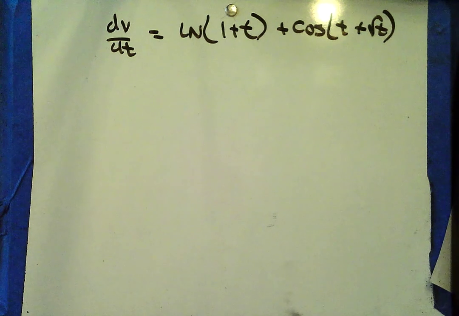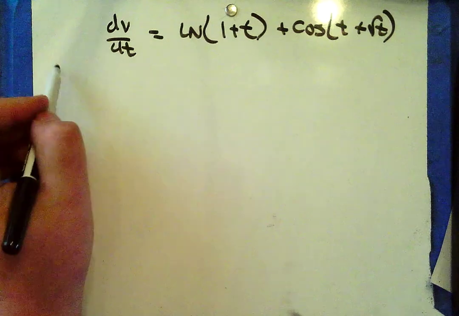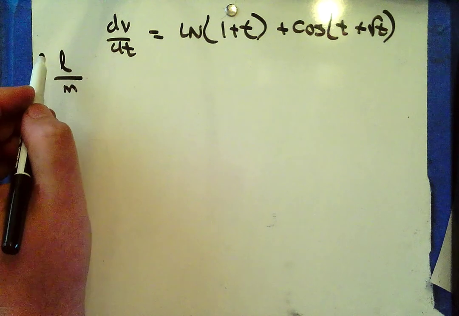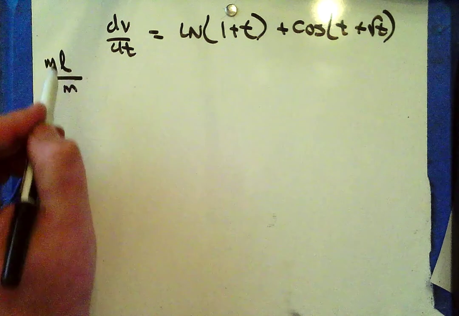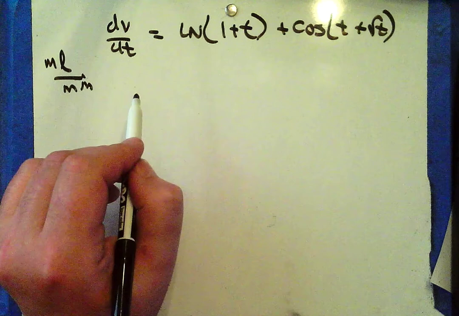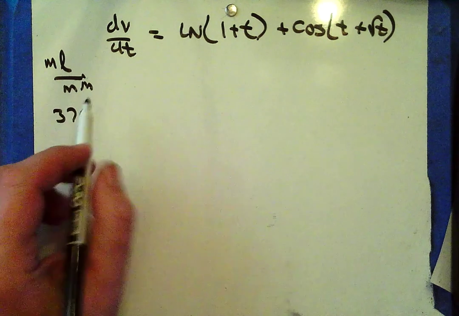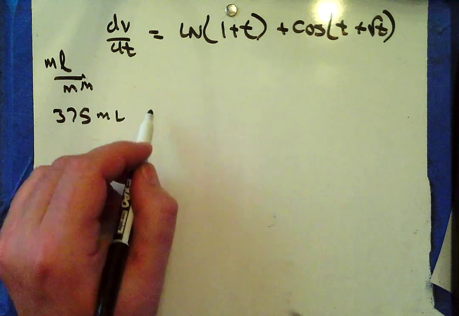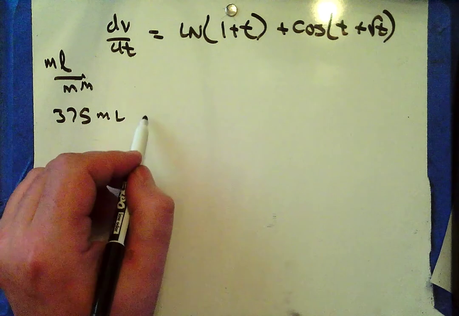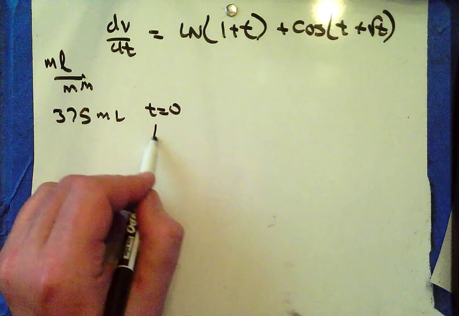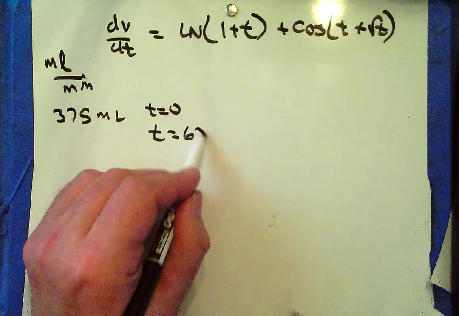Okay, leaks out in, these are liters per minute. Milliliters per minute. The bottle contains 375 milliliters at time equal to 0. And we want to know t equals 60.